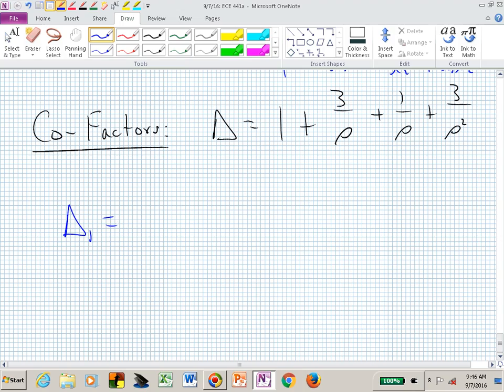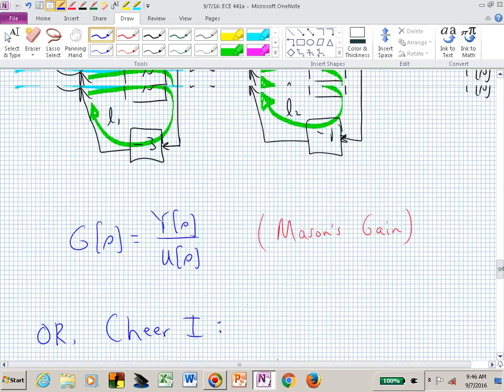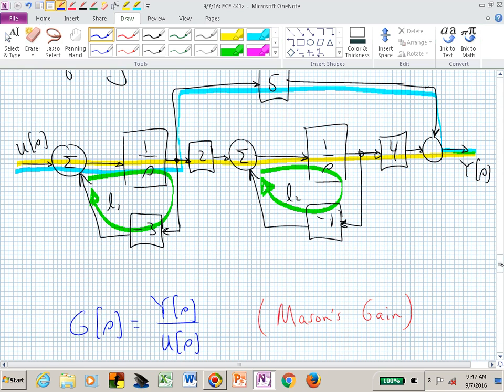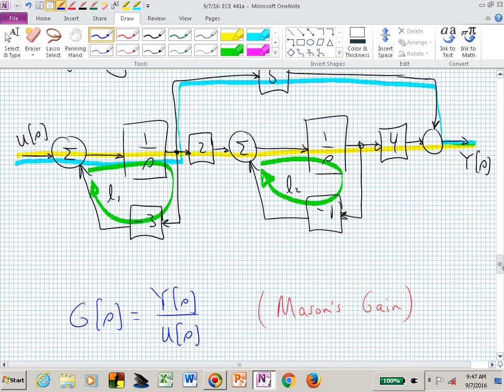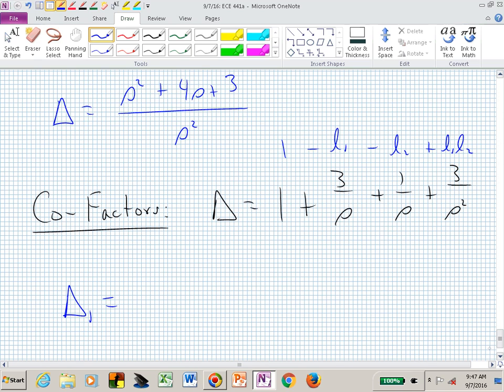Cofactor 1, what we do is we go back to our block diagram and remove path 1. So virtually erase everything that's on that yellow path. And if that disconnects any loops, then those loops fall out of this determinant expression. When I erased path 1, did that disconnect loop 1?